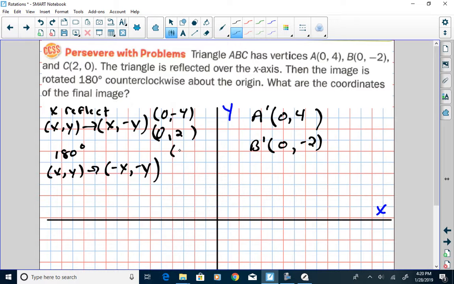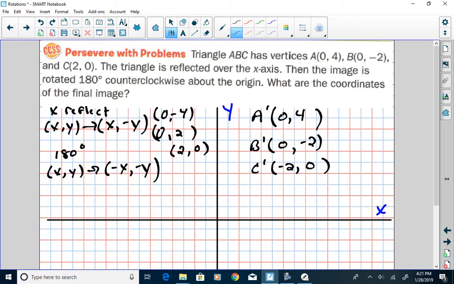The x value stays the same and the y value becomes its opposite, 2, 0. So C prime would then be opposite x, opposite y, which would be negative 2, 0. So that point does change. Let's see what that would look like then.